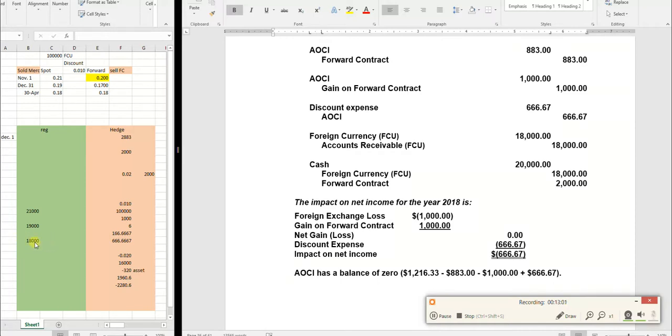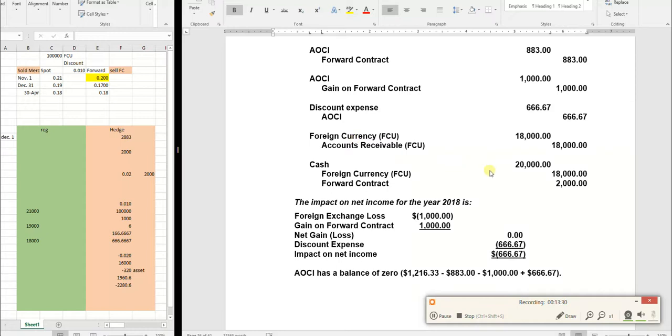The accounts receivable is on my books for 18,000, and I debit foreign currency. Notice that it is the same, but it's got to be the same because I adjusted my accounts receivable to 18,000 here, which is the spot. So this is technically the 100,000 foreign currency units times 0.18, which is exactly how we got the accounts receivable. So they should equal, but it's technically the fact that I've adjusted both to 0.18.